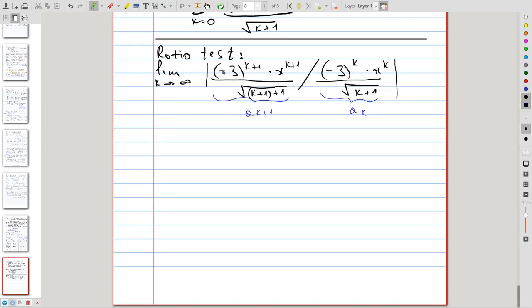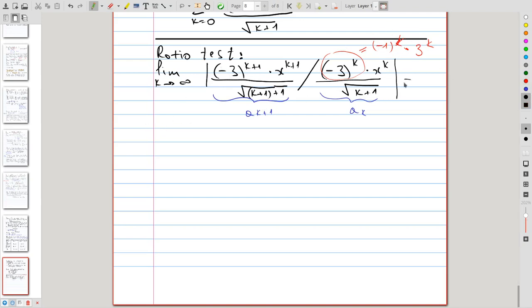We can drop the minus 1 again. Observe that minus 3 to a power is the same as minus 1 to that power times 3 to that power. So this is an alternating form of minus 3 to the k. This is how you can think of it. And since minus 1 has magnitude 1, we can drop it right away.